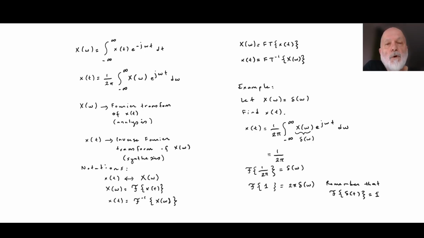So all frequency components are present in that case to establish the singular behavior of the signal, being 0 for negative values, and suddenly it jumps to infinity and drops back instantaneously to 0. So these fluctuations and the singular behavior are established by means of the contributions of all frequency components, extending from minus infinity to plus infinity. All of them are present in the signal with equal weight.